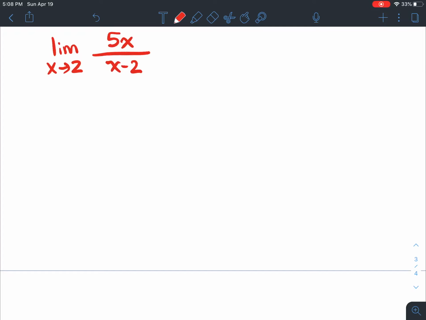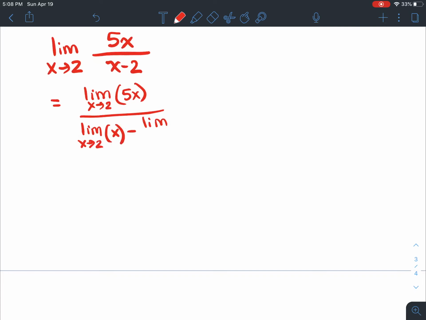If I just subbed in 2 right now, the denominator is going to be 0. But even if I take the limit of the top, the limit as x approaches 2 of 5x, and split the bottom into the limit as x approaches 2 of x minus the limit as x approaches 2 of negative 2, that would be positive 2 since I put the minus sign there.